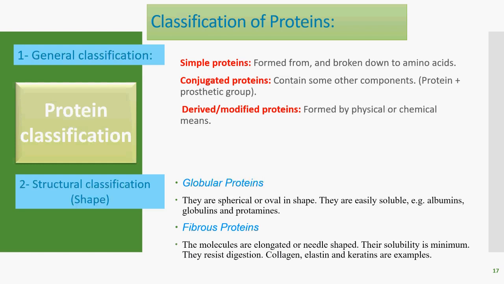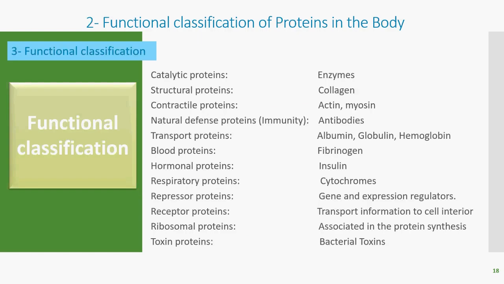The fibrous proteins are mainly from polypeptide chains that contain hydrophobic amino acids. And this hydrophilic and hydrophobic classification of the amino acids, if you remember, depends on the R side chain, whether it contains some hydrophilic nature or hydrophobic nature.